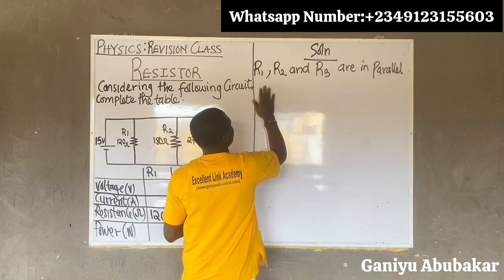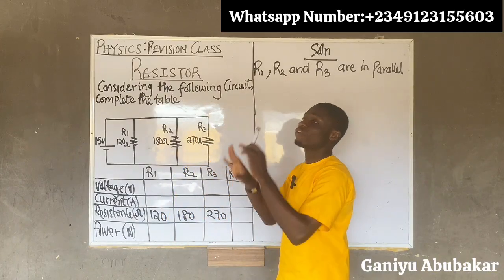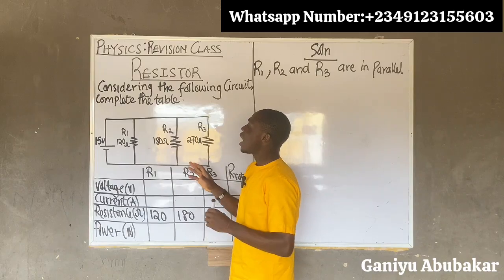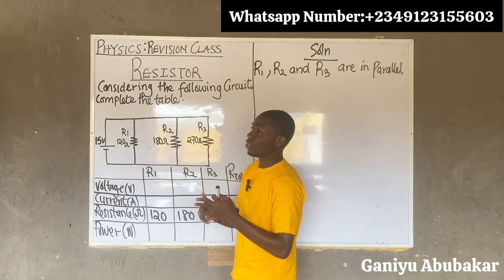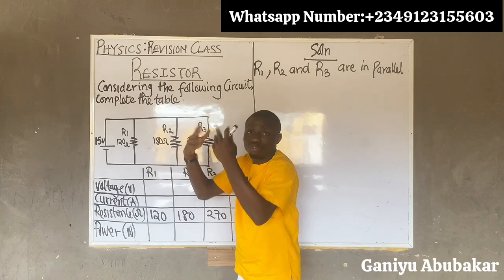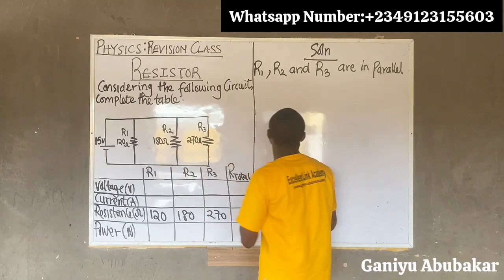Here's the idea: aside from R1, R2, R3, there is no other resistor in this circuit. So automatically, what I'm looking for is R total.